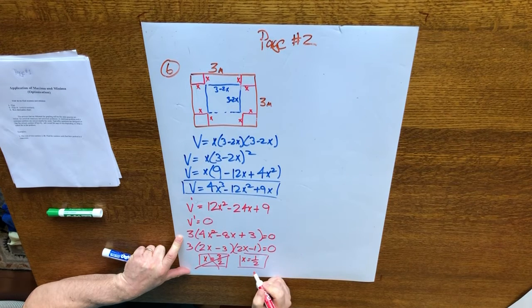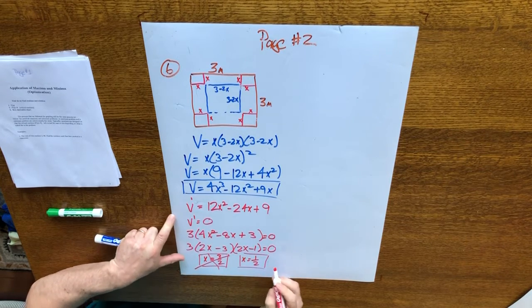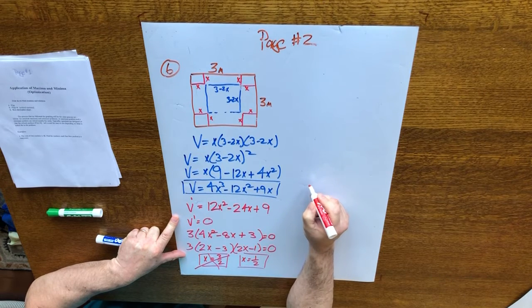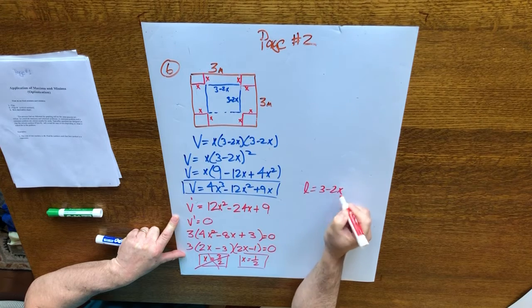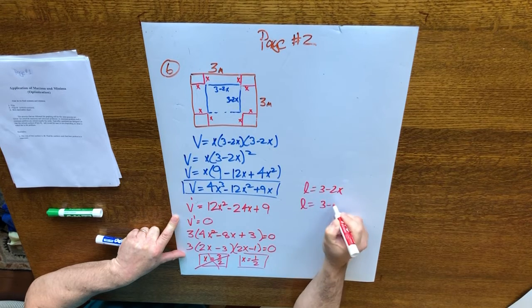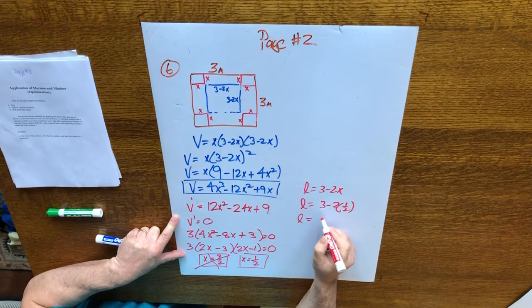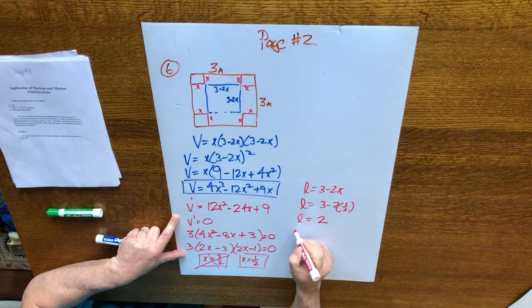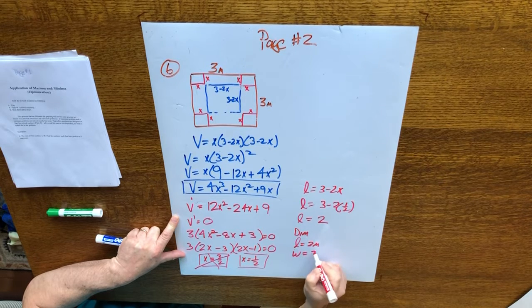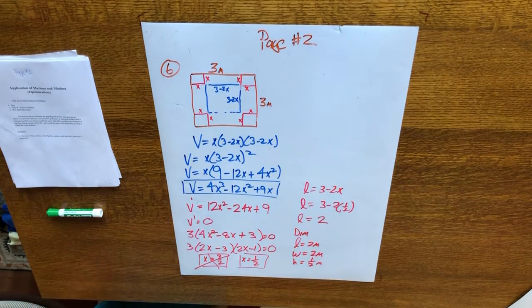So x equals 1/2 is going to be the height of the box, and the dimensions of the box are going to be L equals 2 meters, W equals 2 meters, H equals 1/2 of a meter.